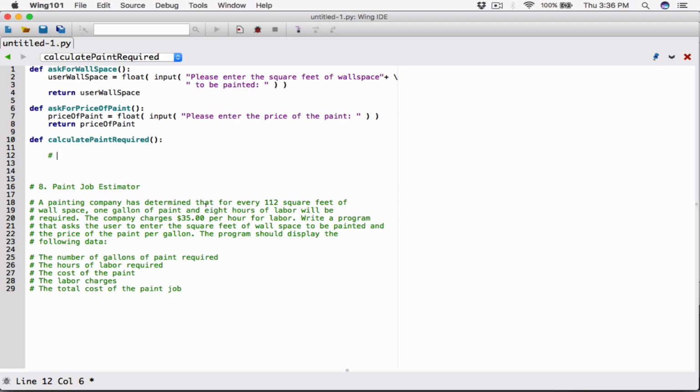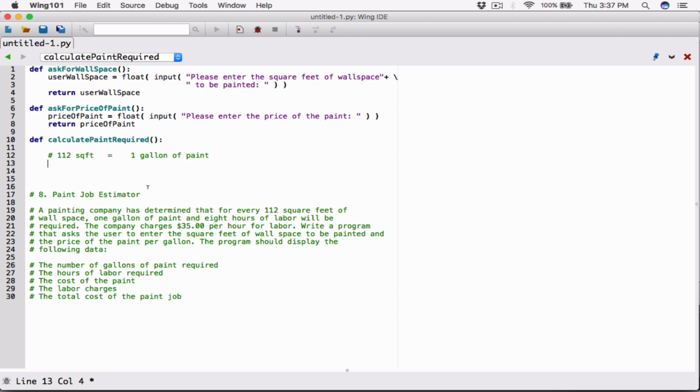So for every 112 square feet of wall space, 1 gallon of paint is required, right? So if 112 square feet is equal to, let's say, 1 gallon of paint. Think about it, because for every 112 square feet of wall space, 1 gallon of paint is required.